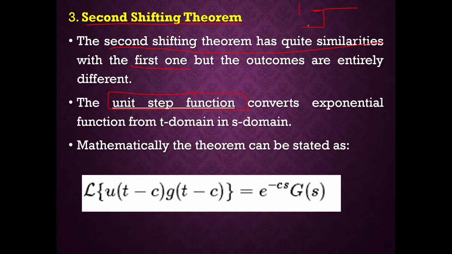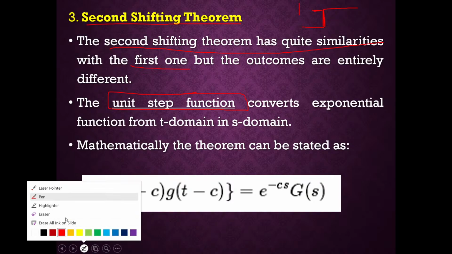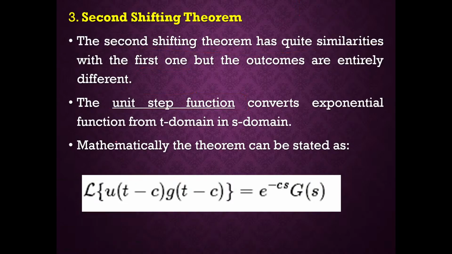This is the step symbol. We can give step inputs, a step input waveform. If you give a step input waveform, its magnitude will be 1. So if the height of each step is 1, that is a unit step.